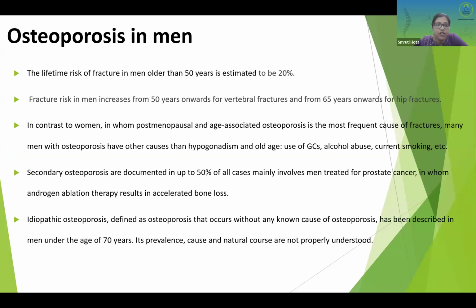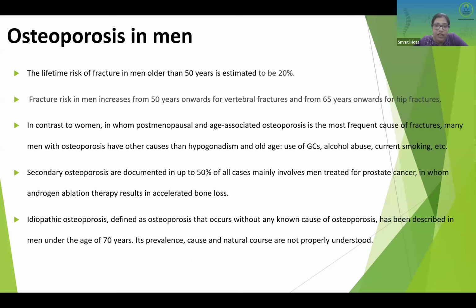Osteoporosis in men is also not so uncommon. The lifetime risk for men over the age of 50 is around 20%, so that means 1 in 5 men, and many of these fractures are preventable. Vertebral fracture risk increases from age 50 onwards, and hip fracture risk increases after 65.